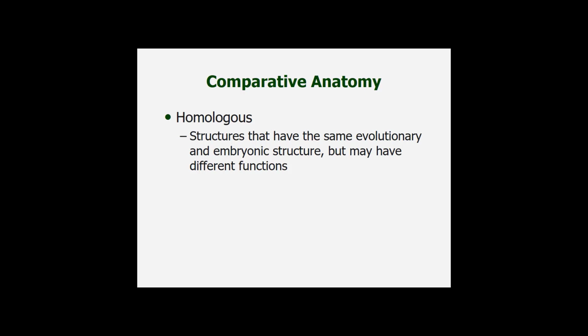They came from the same ancestors, and when we look at them in embryos, they develop from the same structures, but realize they may indeed have different functions as they've been adapted to different purposes. And these homologous structures are evidence for common ancestry, or a shared ancestry amongst organisms.